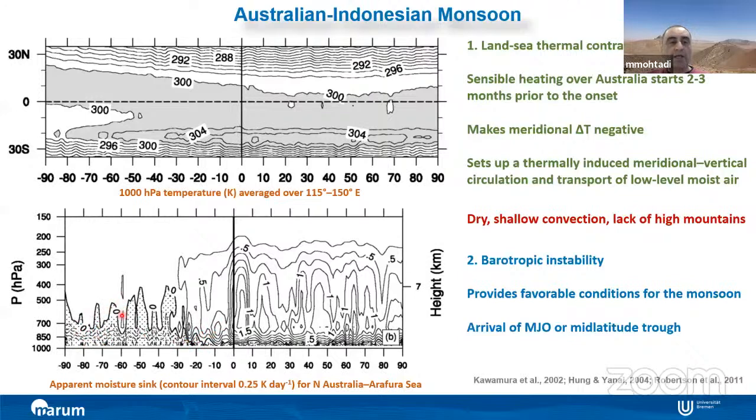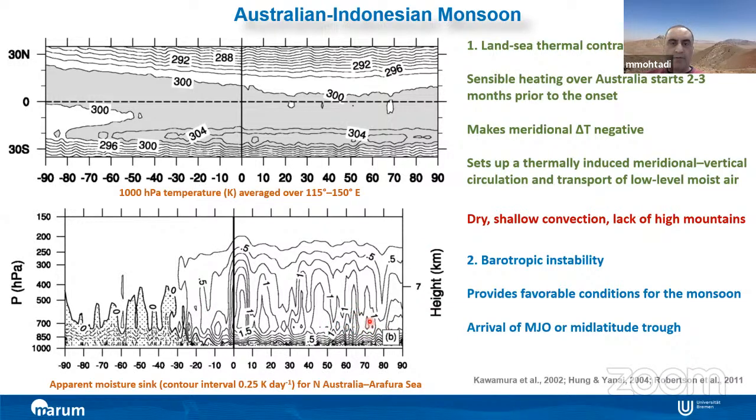So there is an atmospheric circulation, but it's rather shallow. And with the onset of the barotropic instability, which is accomplished by the arrival of the Madden-Julian oscillation, or in years when the Madden-Julian oscillation is weak by mid-latitude troughs, the convection becomes deep enough to maintain a monsoon-like circulation.